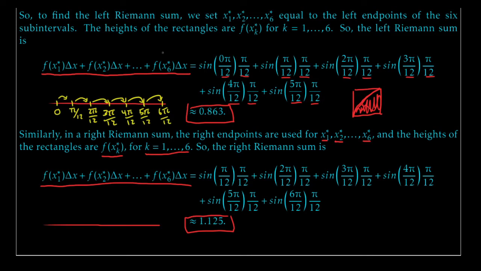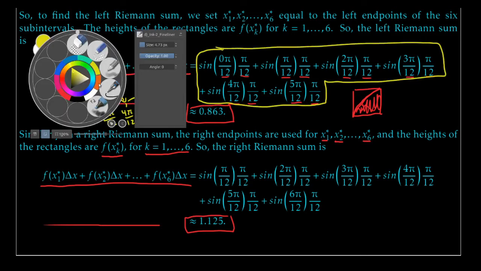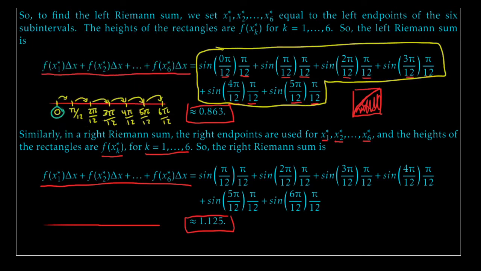But in this case here, notice which ones we're selecting. We're starting with the left point. So we grab this guy, 1, 2, 3, 4, 5, 6, and we don't touch 6 pi over 12.